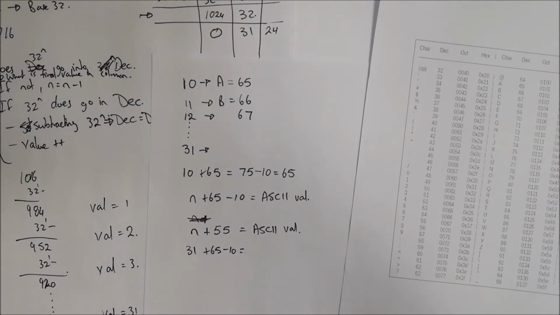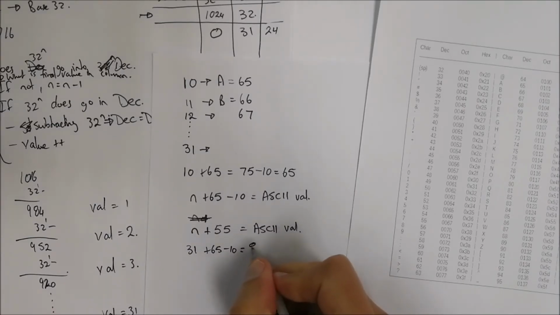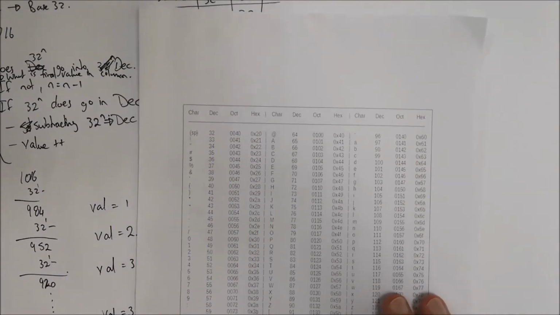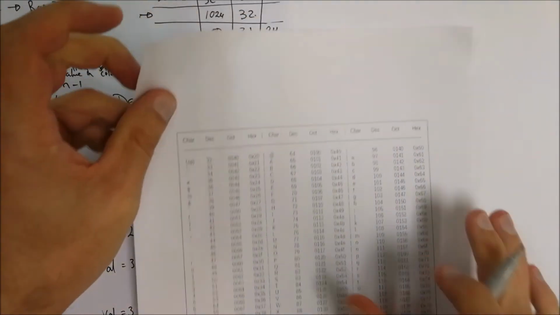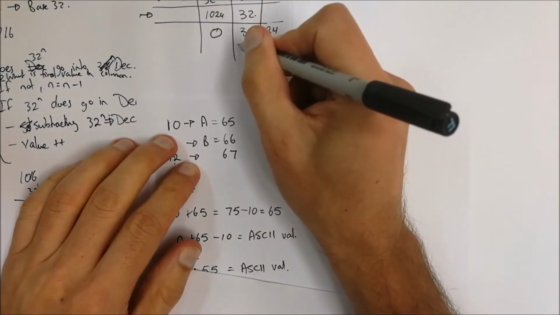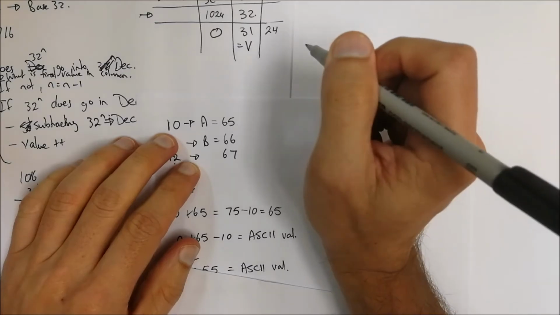What does that equal to? 31 plus 65 minus 10 is equal to 86. Okay. What's the value of 86 over here? That's a V on the ASCII table. Okay, so that automatically tells us that over here this 31 will be equal to a V.